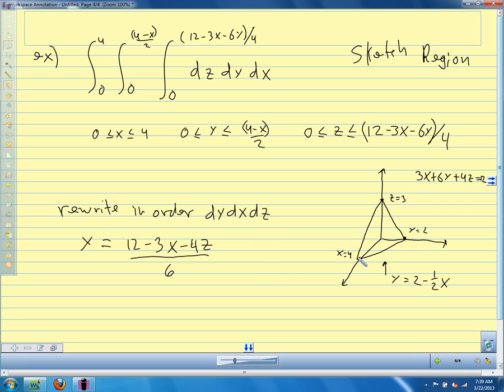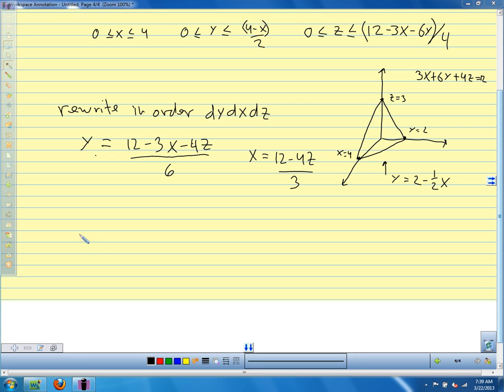So in the xz plane, we want the equation of this line. So we have x equals 12 minus 4z over 3. And finally z is just going to vary from 0 to 3.